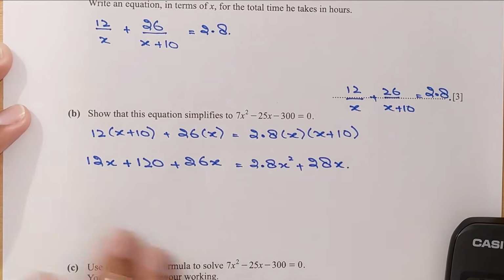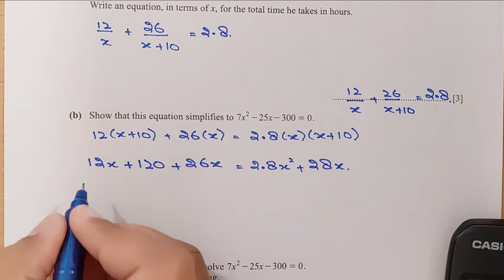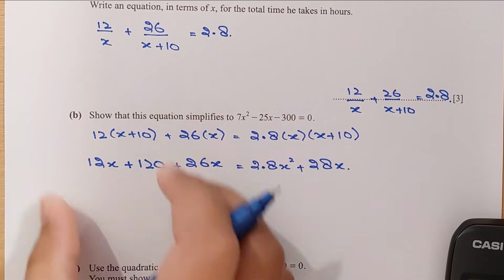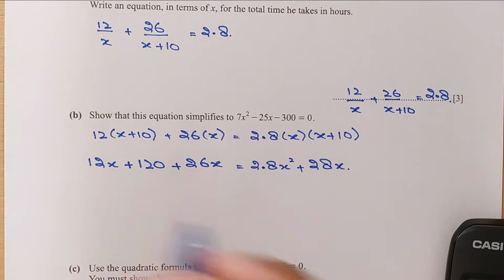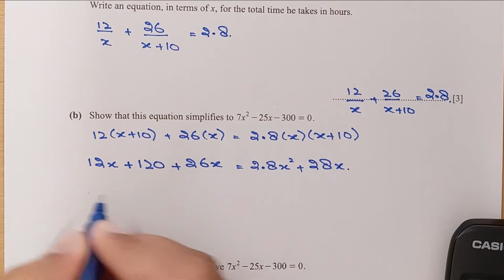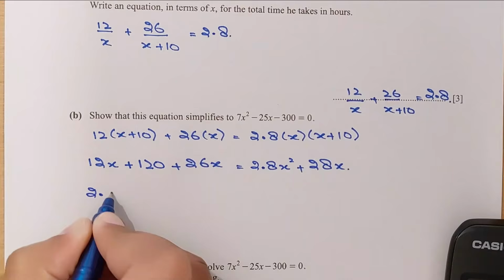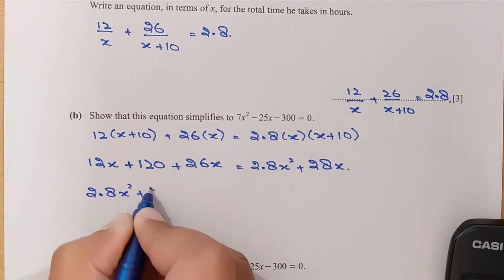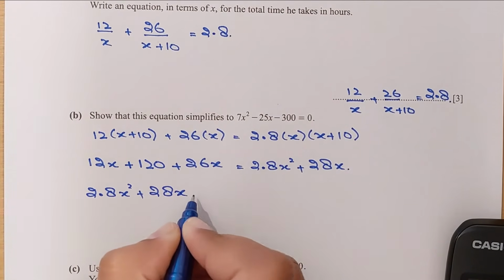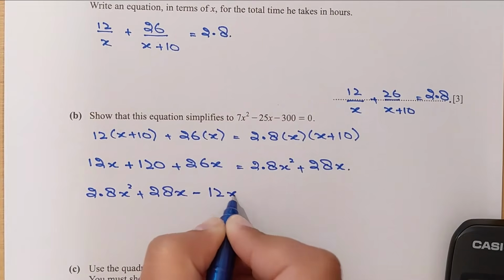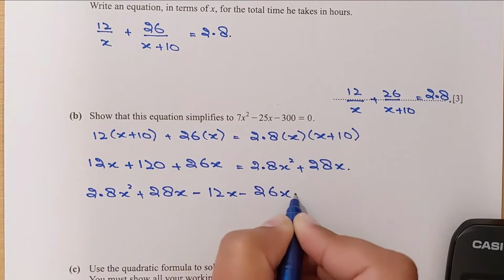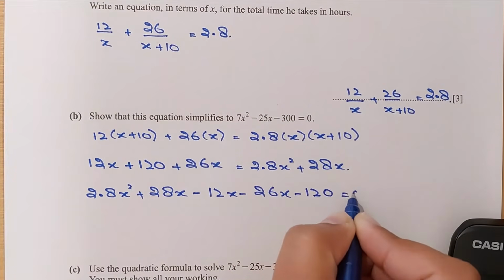Okay, now shifting all the terms to the right side, because x square must be positive, otherwise we can take negative sign common. So 2.8x square plus 28x and minus 12x minus 26x minus 120 equals 0.